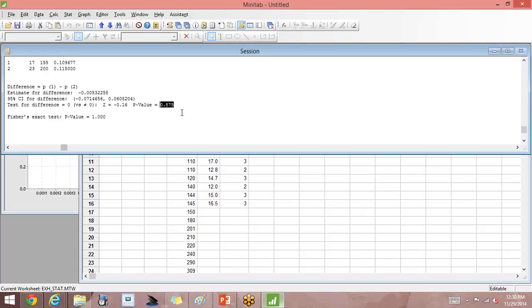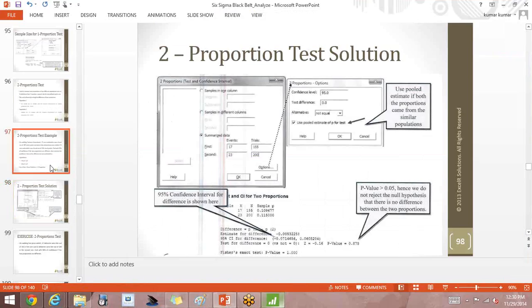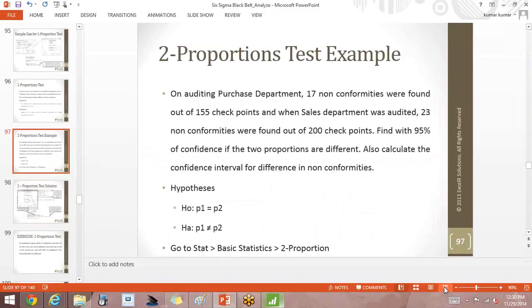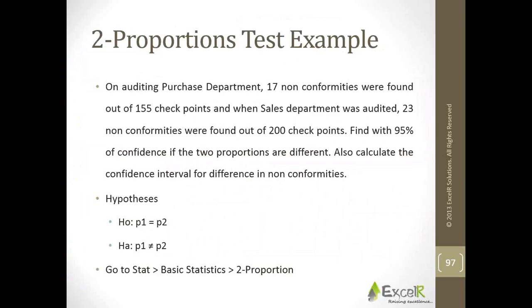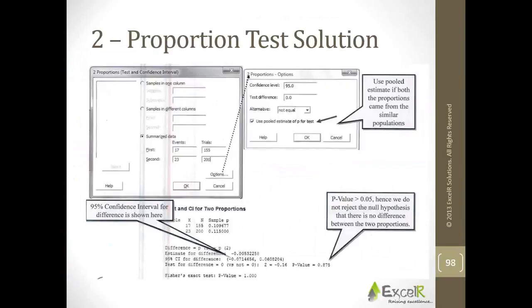P-value is 0.875. If P is high, null flies, so you accept the null hypothesis. What does the null hypothesis say? Both of the proportions, non-conformities, are the same. There is no difference.